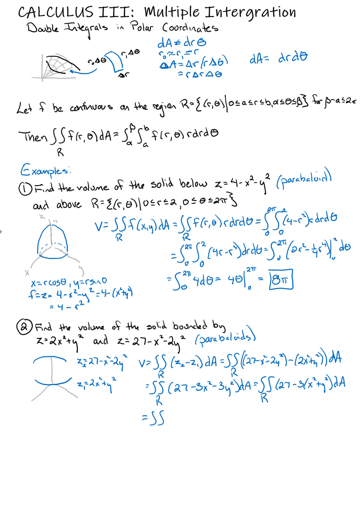So that allows us to integrate 27 minus 3r squared, and then dA, remember, is r dr d theta. Ooh, very nice. Okay, so now I've got my integrand. Now I just need to figure out what is that region over which we're integrating, meaning over which range are the r's and which are the thetas.